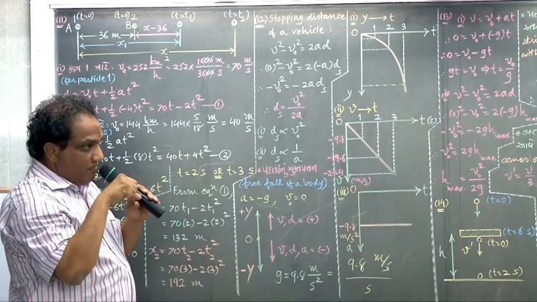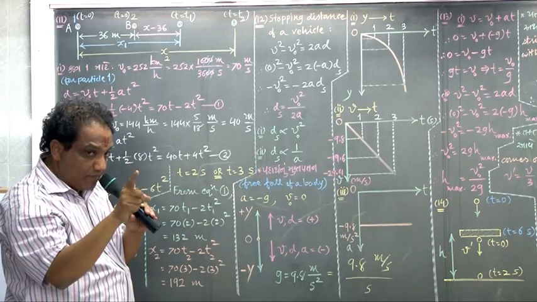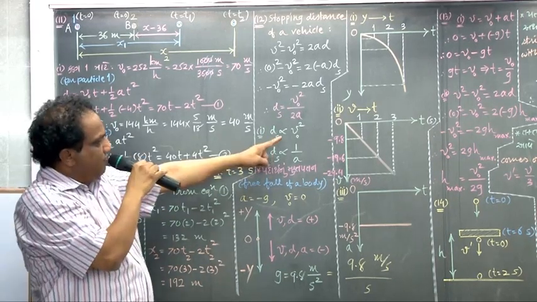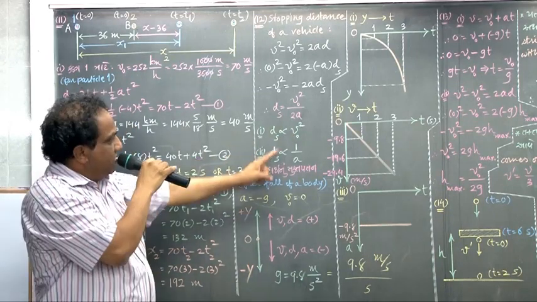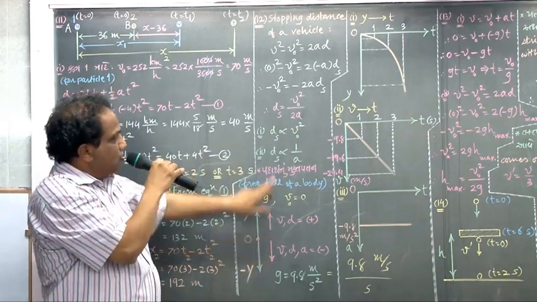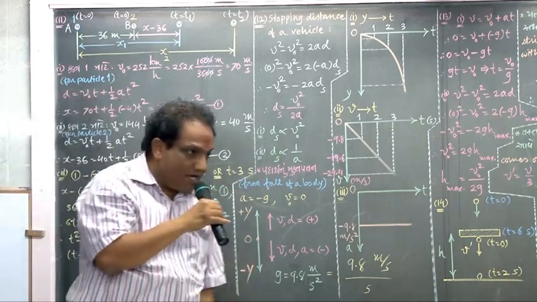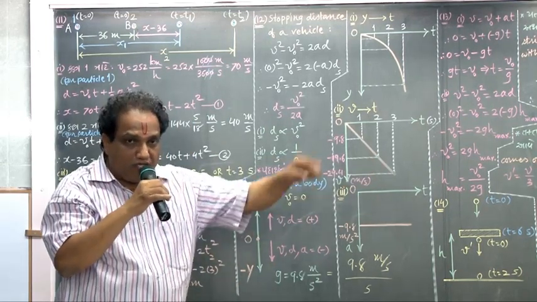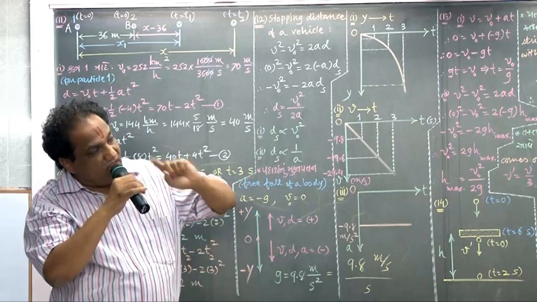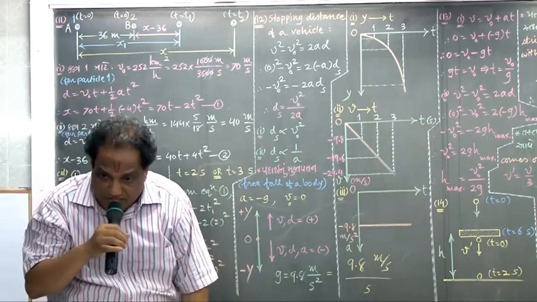If you make your initial speed 3 times, then 3 square will be 9, so the stopping distance becomes 9 times. And if you don't have that much distance between you and the obstacle, then you will definitely strike the obstacle. You will meet with an accident.